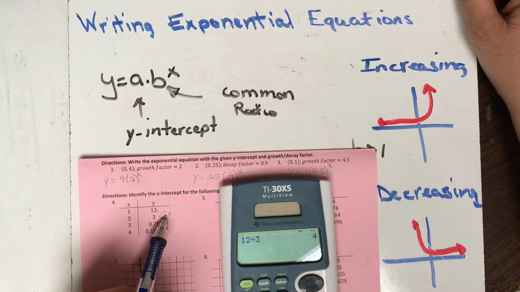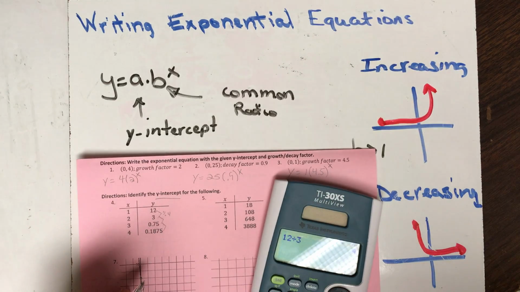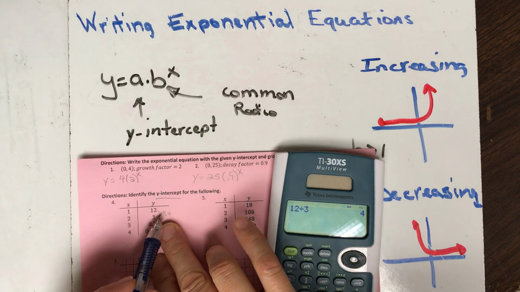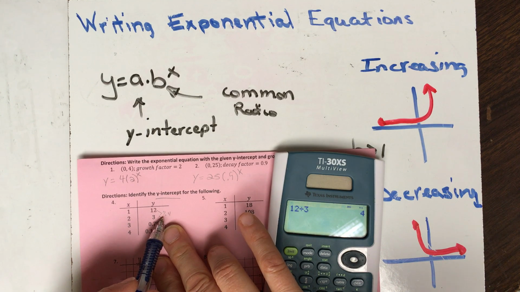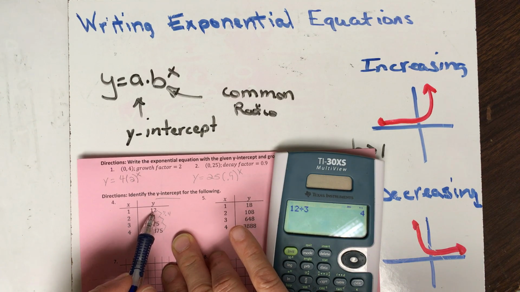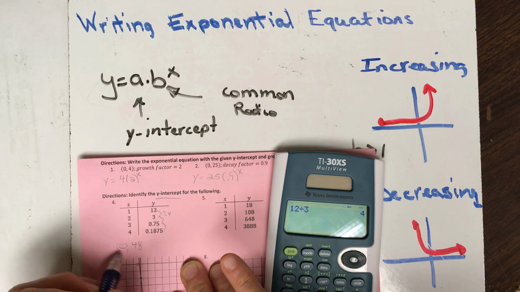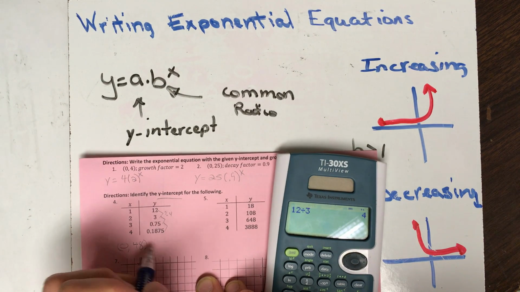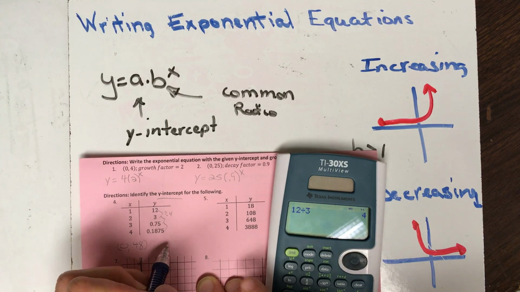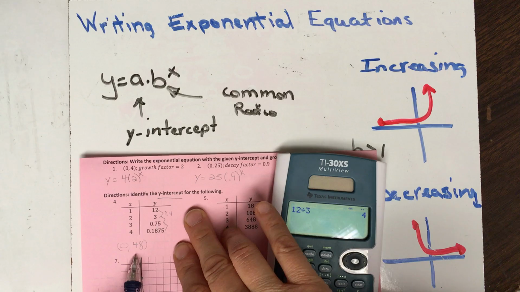But we actually want to find our y-intercept so that we can write our equation here. So this situation isn't a divide, it's a multiply to get in the other direction. So 12 times 4 is 48. So that's our intercept. Actually, it didn't ask us to write the equation, it just asked us to identify.